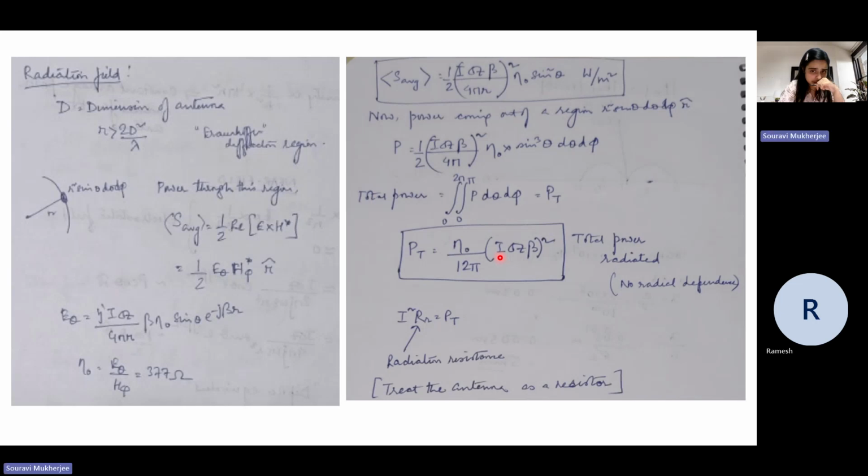What is left after dividing by I squared is like a resistance. In a way you are considering your antenna as some resistor, and that radiation resistance is given by Pt divided by I squared.